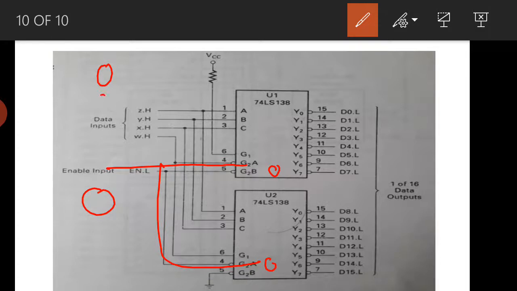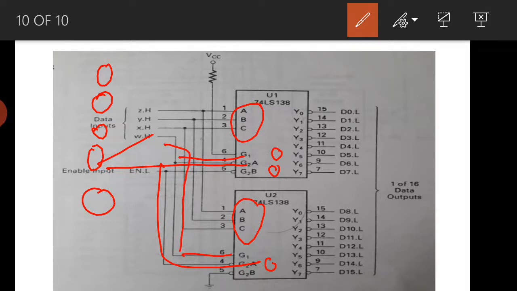Means the 4 inputs I am giving as 0 0 0 with enable signal as 0. The 3 inputs are connected directly to ABC and the main enable is 0 0. The fourth input is connected to G2 of the first IC, which is 0, and to G1 of the second IC.